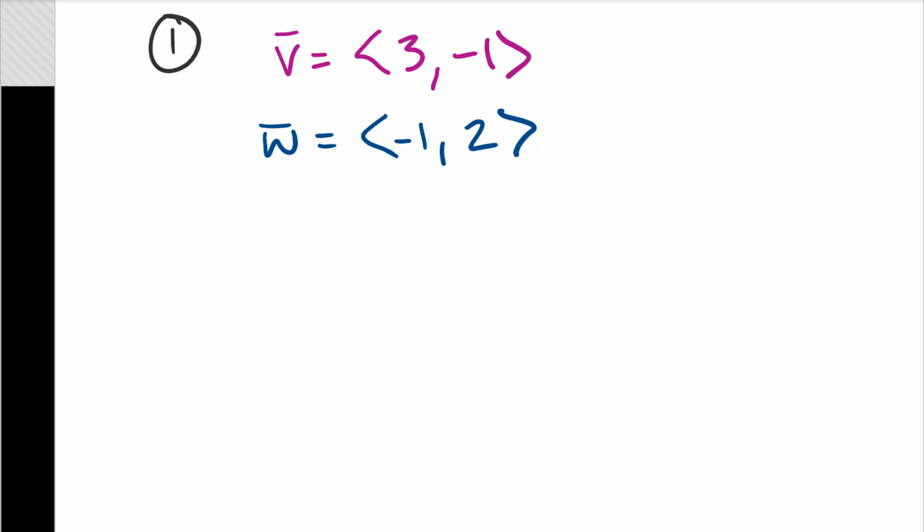All right, so we want to find this. The question says, go find vector v dotted with vector w. Cool. So the way this is going to work, we're going to put a plus sign. Now, you're going to take these two things and multiply them together.